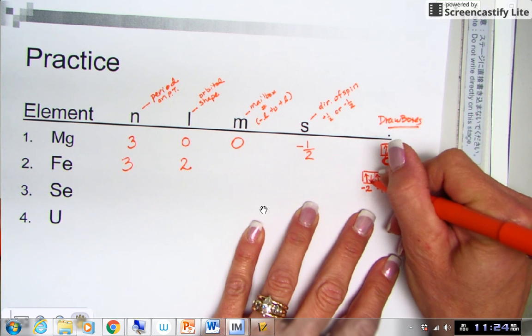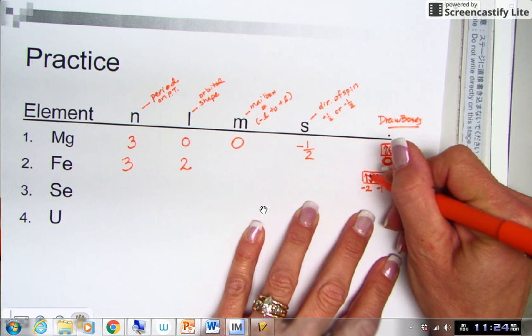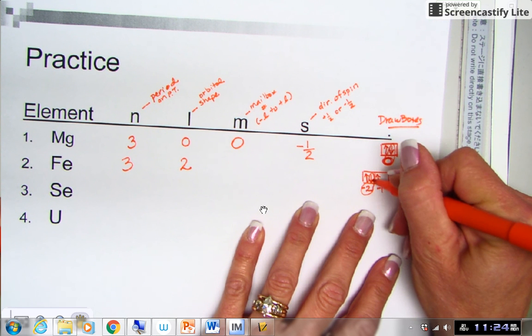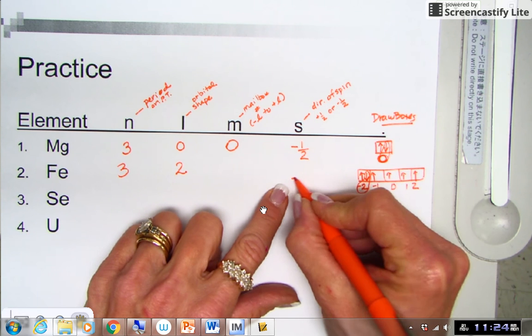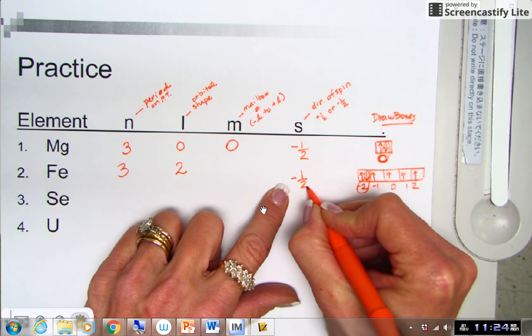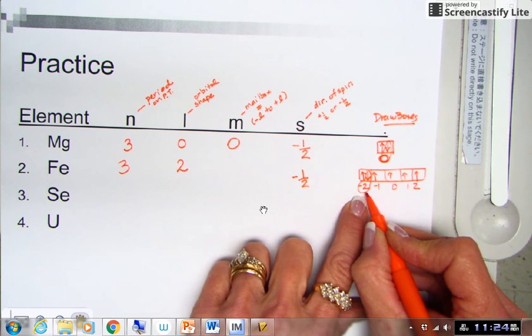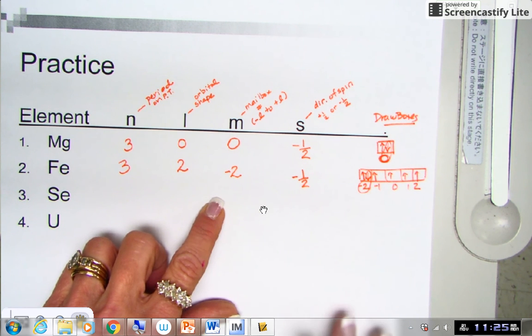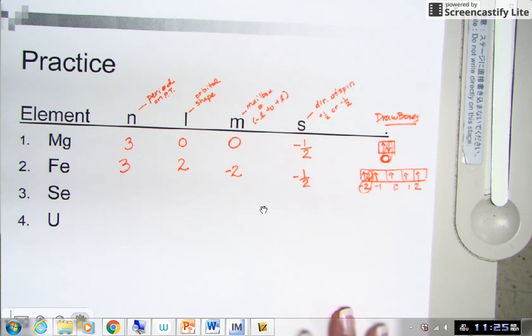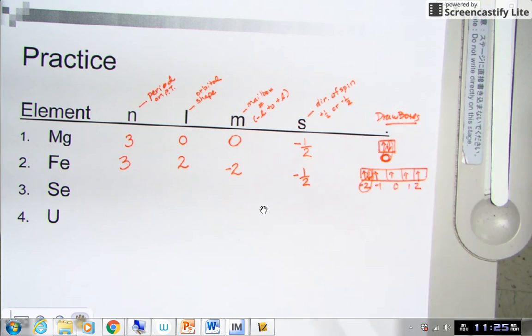These are what I call my husbands. So you focus on the last electron you placed in your box. The last one we drew was the down arrow. That means this is spinning counterclockwise. Now his mailbox number is -2. His magnetic quantum number is -2. So 3, 2, -2, -1/2 gives us the address of iron's last electron.